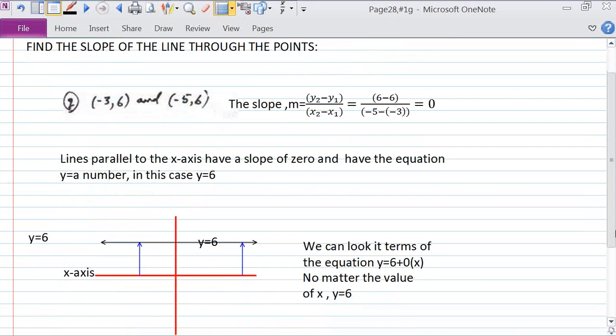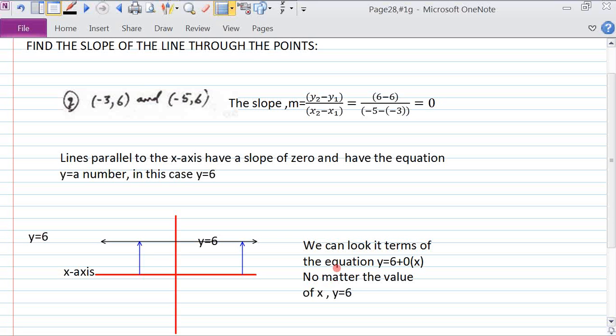Another way to look at this is to realize that we could write the equation as y equals 6 plus 0 times x, because 0 times x is 0. So no matter what value of x we put in here, y always equals 6. See, so if I come up from this x value, the y is 6.